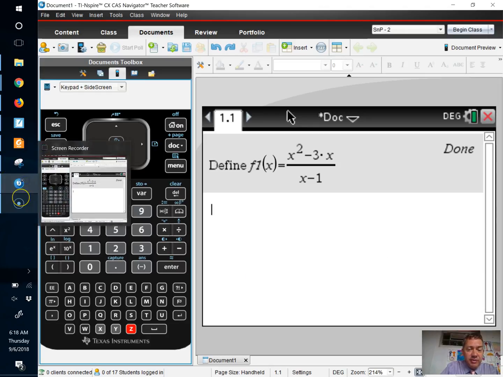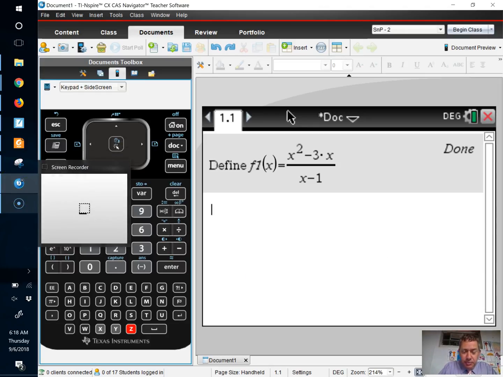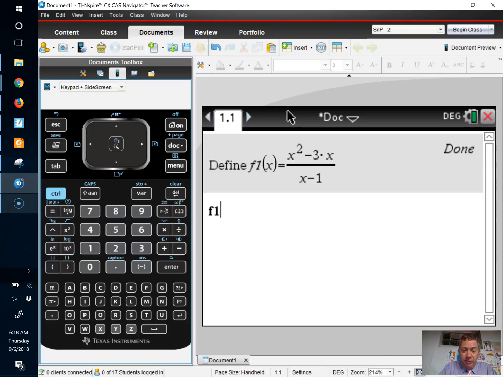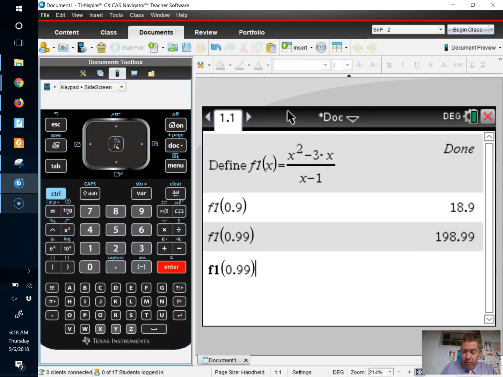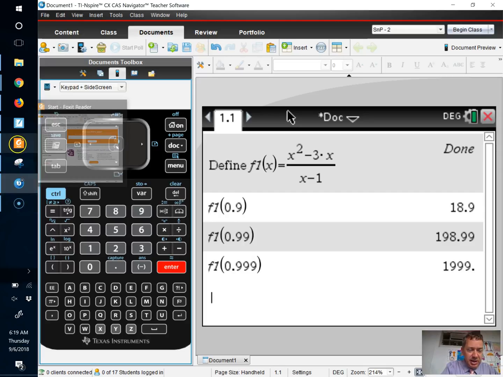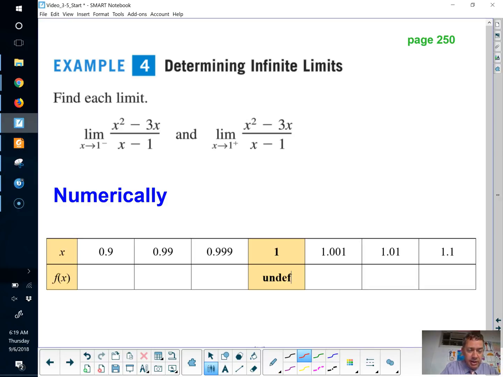So we'll define our function. And let's find out what f of 0.9, f of 0.99, and f of 0.999 are. We get 18.9, 198.99, and 1998.999, coming from the left.